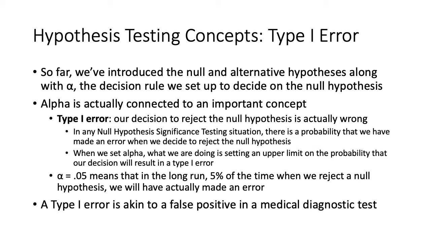We want to avoid false positives because that makes us think that something works when in fact it doesn't, especially if we're looking at interventions like giving someone a treatment for appetite. So type 1 error is very important. It is always lurking in any null hypothesis significance testing situation. And this is the reason why, if we get a significant result, we have not proved anything.